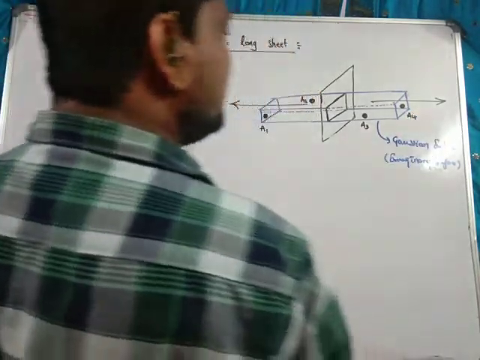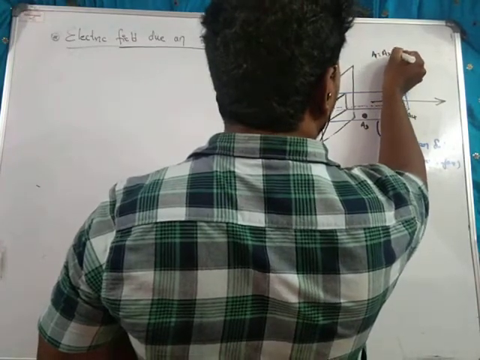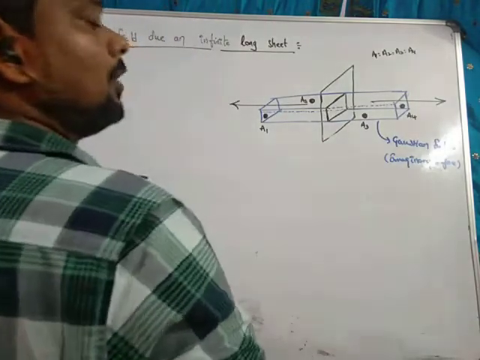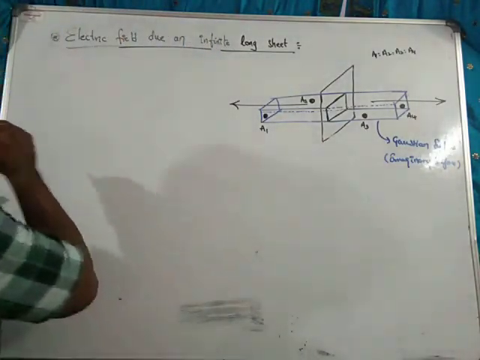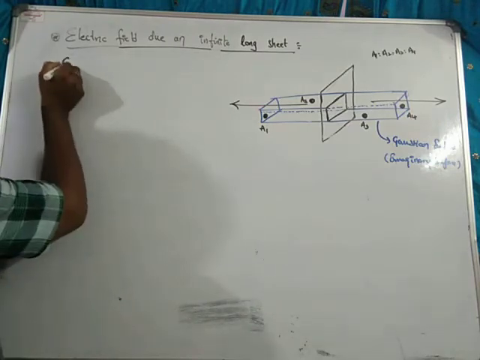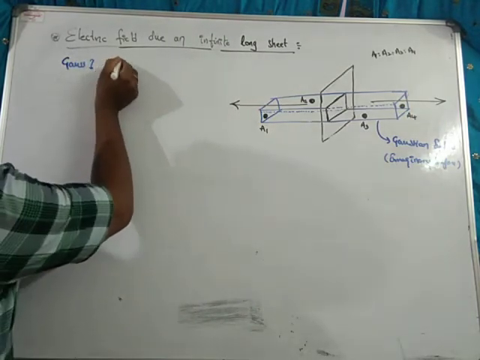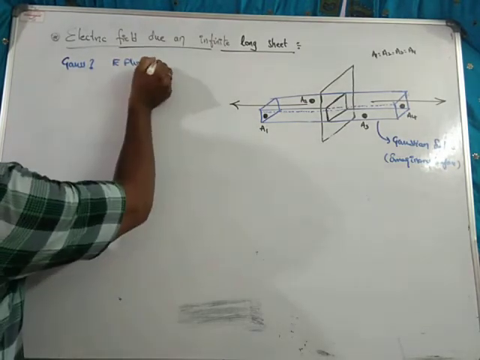All areas we consider equal, that is A1 is equal to A2 is equal to A3 is equal to A4. Now to define the infinite long sheet, again the same process. To apply Gauss's law, first we have to calculate the electric flux. So what is the formula for electric flux?